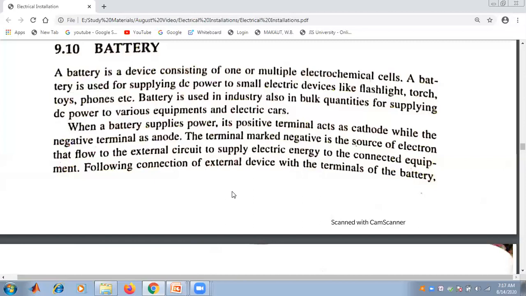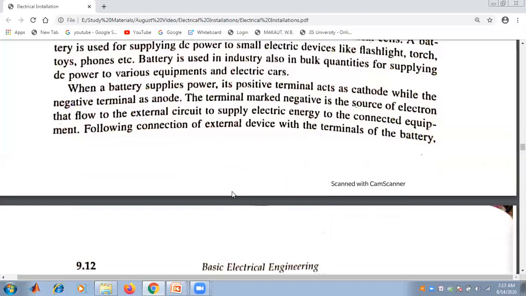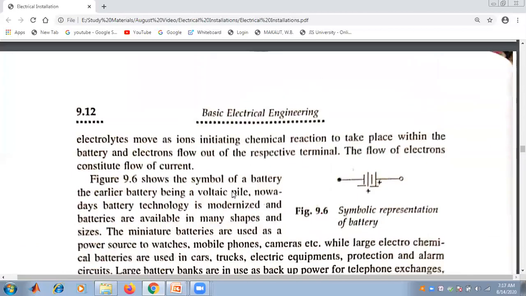Following connection of an external device with the terminals of the battery, the electrolytes move as ions, initiating a chemical reaction to take place within the battery.